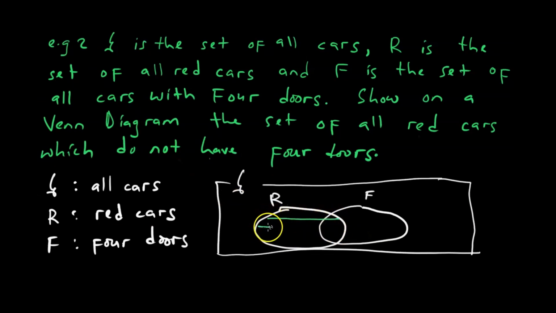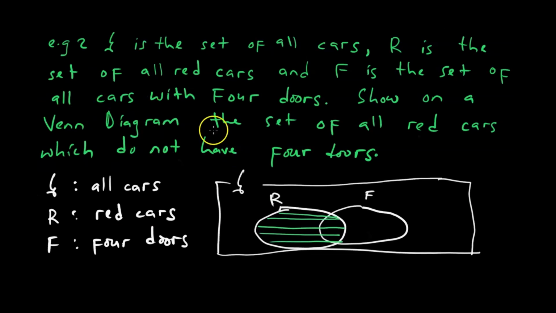So we have shaded the set of all red cars. What we have to shade next is, as the question says, all red cars which do not have 4 doors. So let us now shade the region of everything without 4 doors.